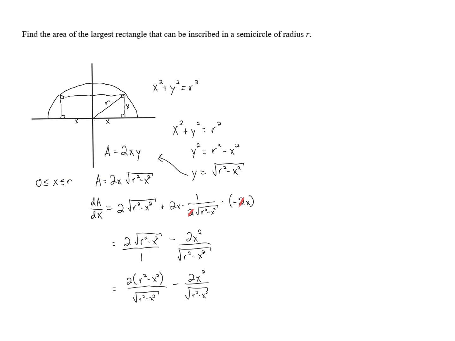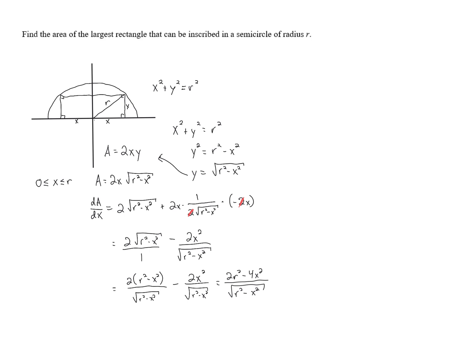And then if we combine these, we're going to have 2r squared minus 2x squared, and then minus another 2x squared. And so that's going to be 2r squared minus 4x squared all over the square root of r squared minus x squared. We're going to have a critical number when the numerator equals 0.